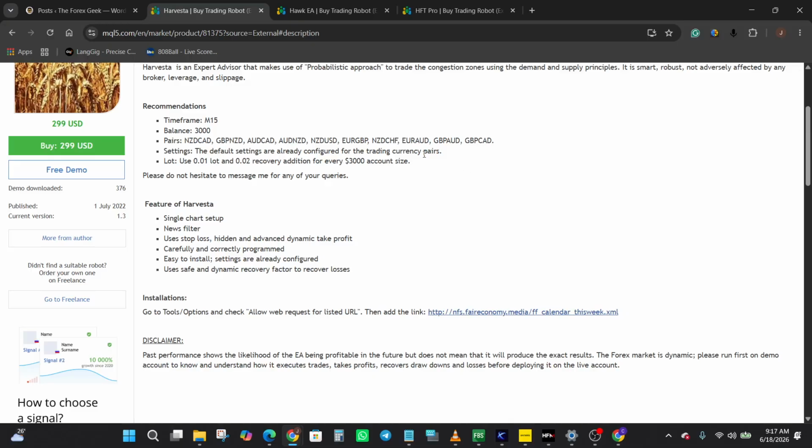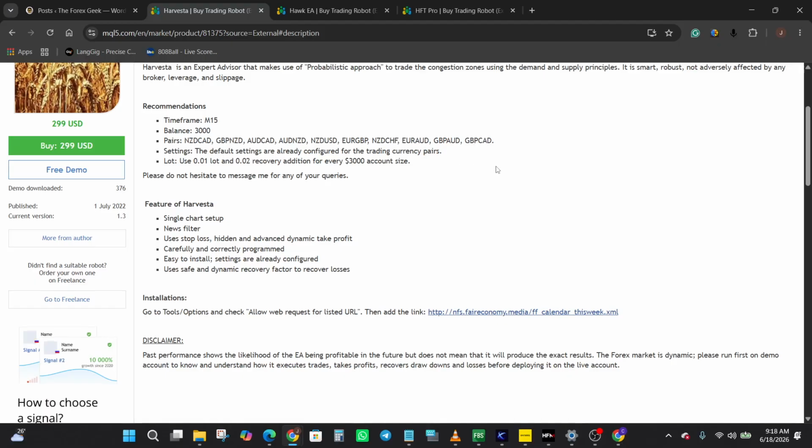Moving into the recommendations section, Harvesta is designed for the M15 time frame with a recommended balance of $3,000. The suggested pairs include a mix of NZD and AUD crosses such as the NZD CAD, GBP NZD, AUD CAD, AUD NZD, NZD USD, Euro GBP, NZD CHF, Euro AUD, GBP AUD, and GBP CAD.